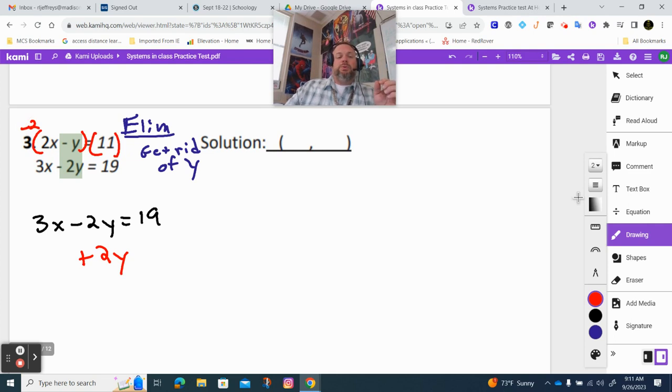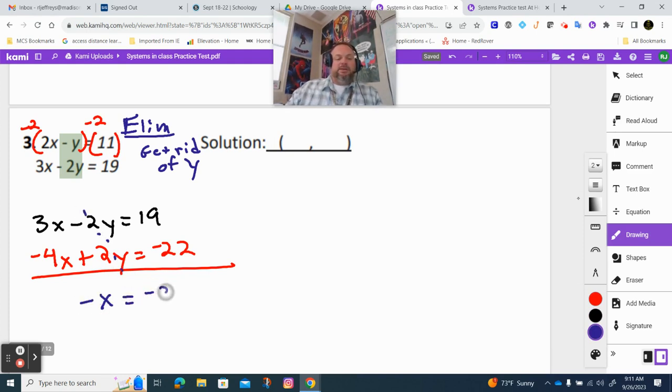Negative 2. So I've got to multiply everything by negative 2. These cancel as they're supposed to. Negative x equals negative 3. So x equals 3.